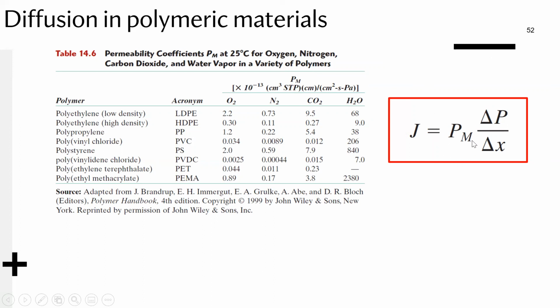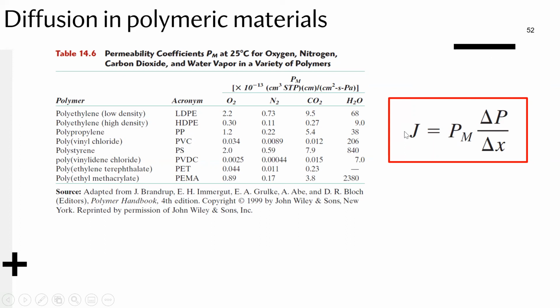And this is the first part of this formula. You also need to know in your particular case what the pressure difference is between, let's say, the inside of your vessel and the outside, which is the ambient. You also need to know how thick the wall of that vessel is. So if you know the coefficient from this table, and you also know the pressure difference and the thickness, you can figure out what the flux is.